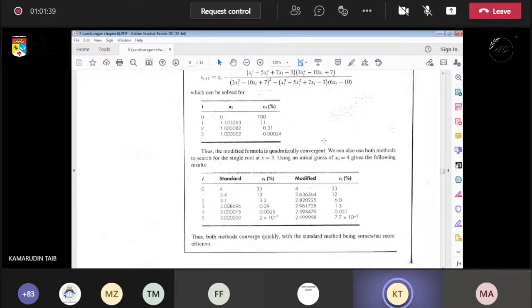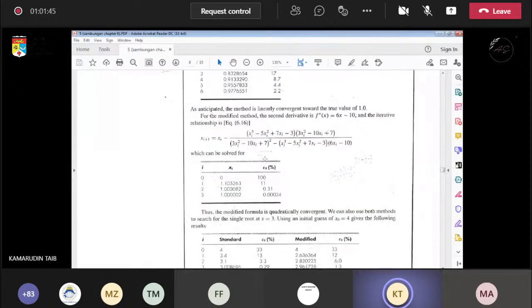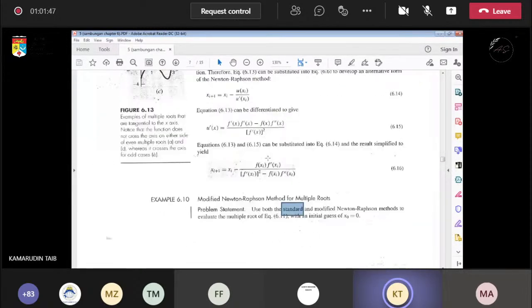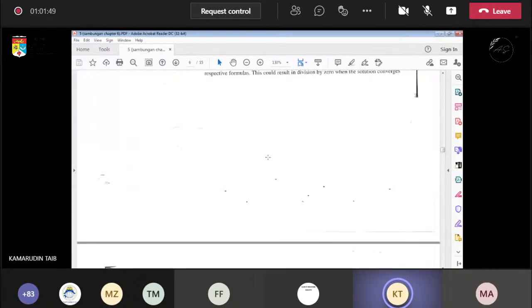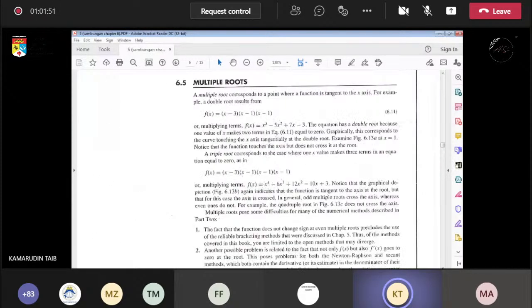So we can also use both methods to determine the single root at x equals 3, because I told you just now, after factorization of the function, other than x equal 1 being a root, x equals 3 is also a root.